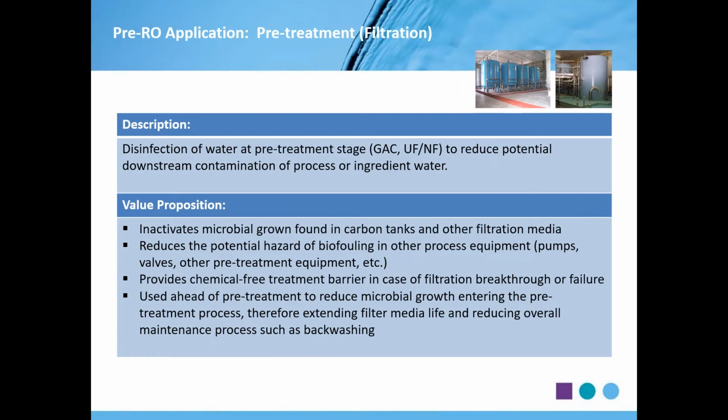Filtration's great, but it's a great spot to breed organisms, where bacteria could be found in those carbon tanks. So having a medium pressure UV system after the carbon is going to be an excellent protection for the rest of the process, especially as you get up into the RO process further down the line.